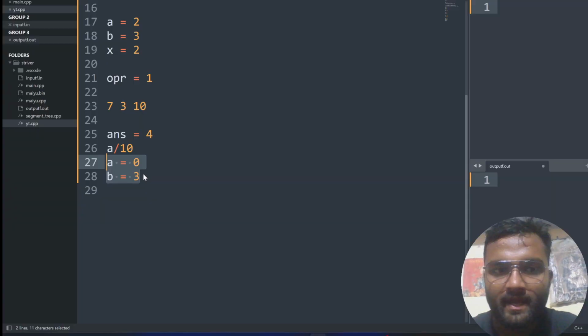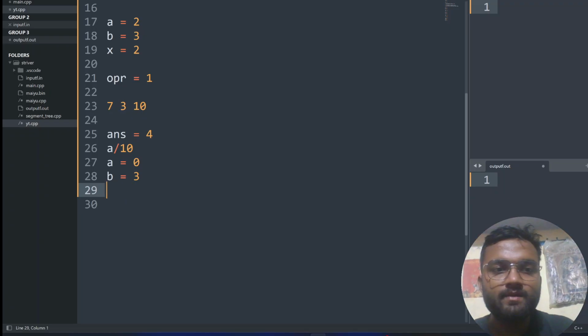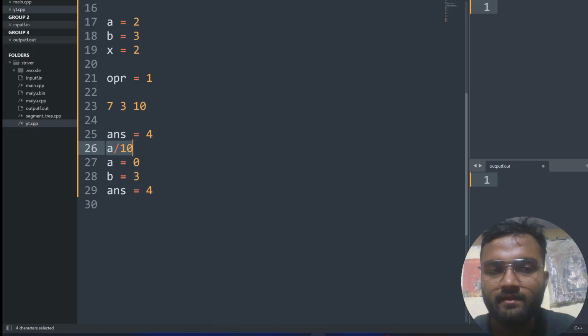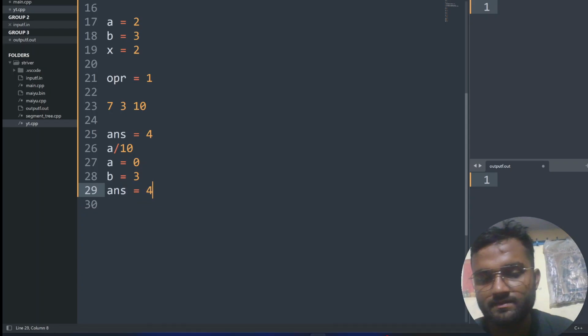Then if we add 3 to a, we get a equal to 3. So another answer is 4: one operation is dividing a by 10 and then adding 1 three times to make a and b equal.